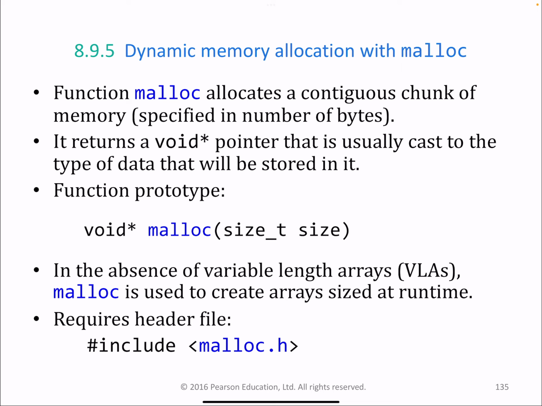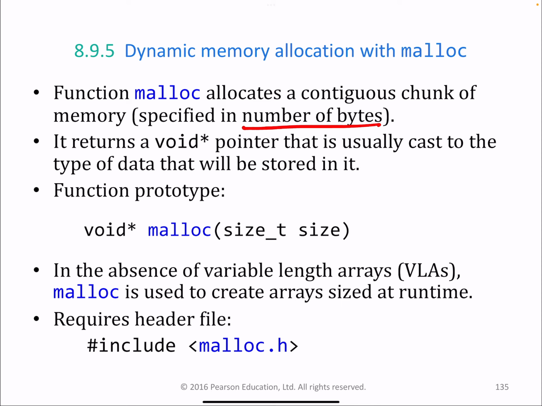Now, an alternative to variable length arrays, if you want to allocate or decide array sizes at runtime, is to use dynamic memory allocation. And we have a function for that called the malloc function, which is short for memory allocate. The malloc function will allocate a continuous chunk of memory, and you have to specify the number of bytes that should be allocated.